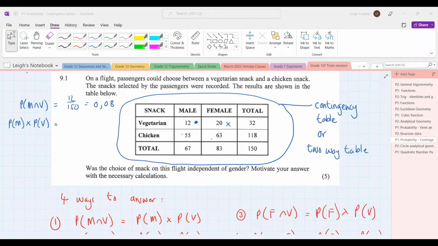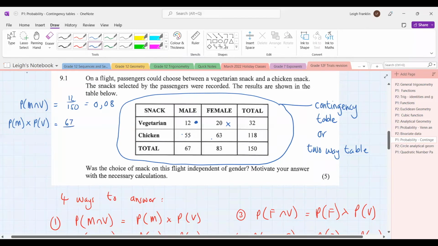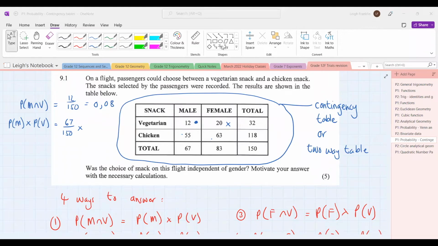Okay, so the probability of someone being male on the plane, quite right, is 67 out of 150. The probability of someone being vegetarian is 32 out of 150.